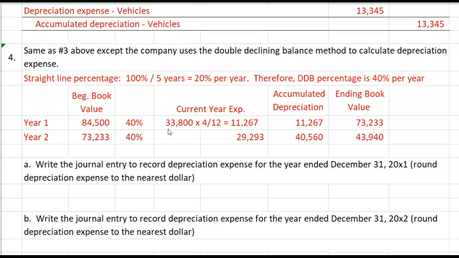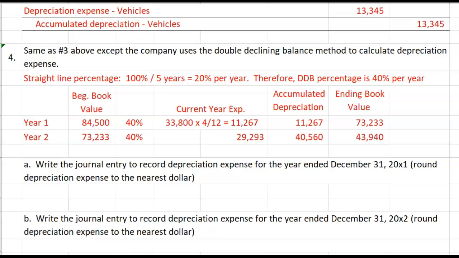Number 2 to remember is you need to figure out the percentage to use in your calculations. And it's double the declining balance. Double means the percentage that you use is double the percentage that you would use for straight line.